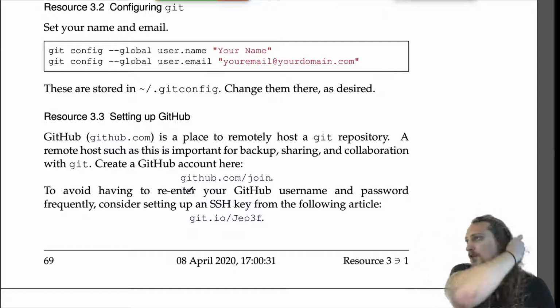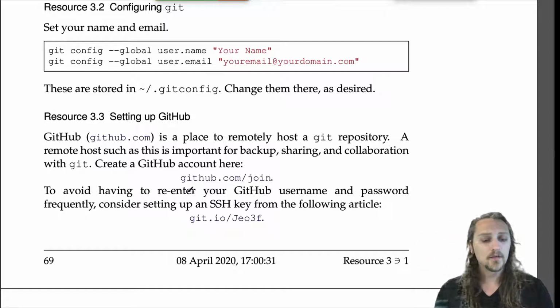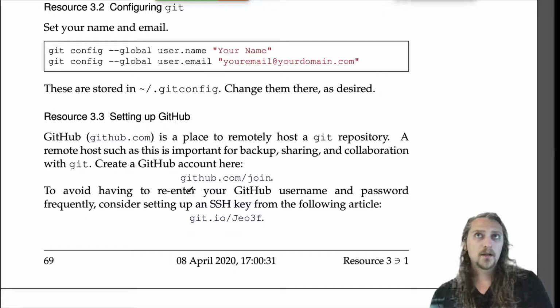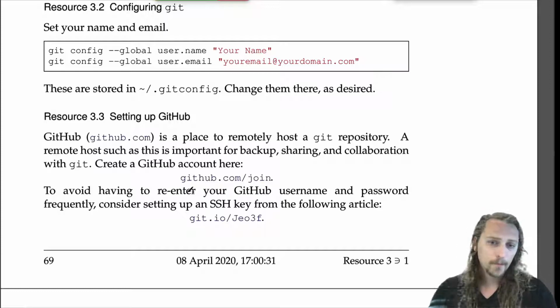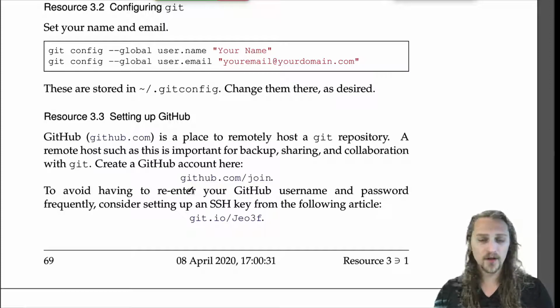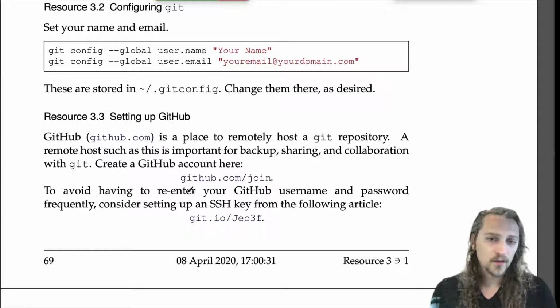There is an education version where you can try to get a pro account for free. So you can do private repositories as well. I encourage you to look into that. But you can first just join with whichever email address. It doesn't matter. It doesn't have to be edu, and then you can later verify that your edu email address is valid, and they'll let you have some perks for free.